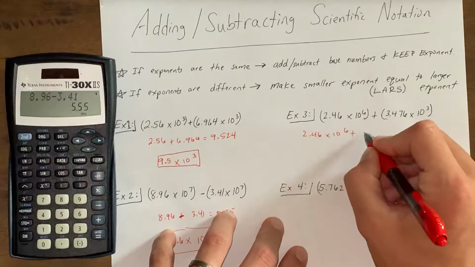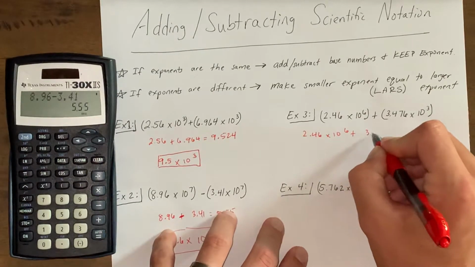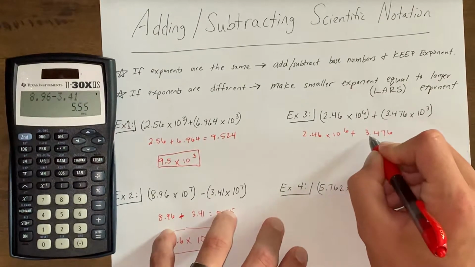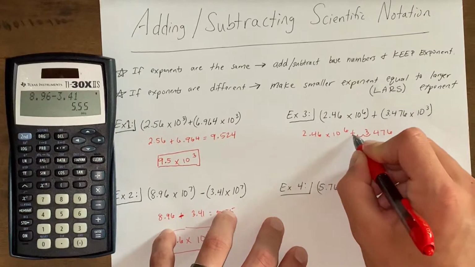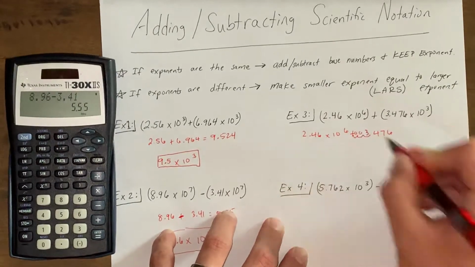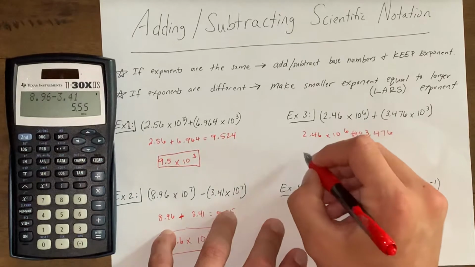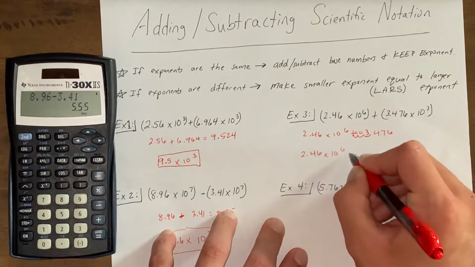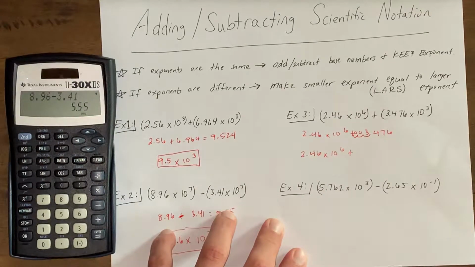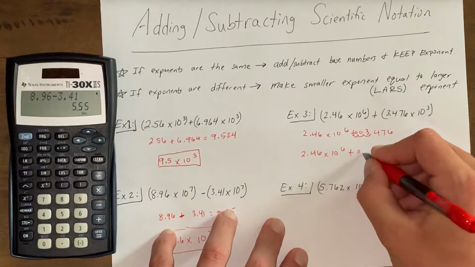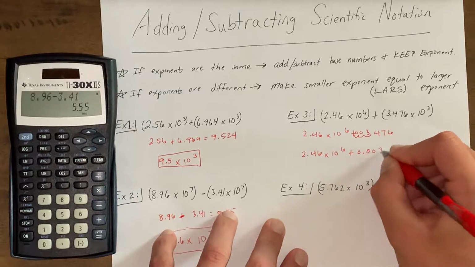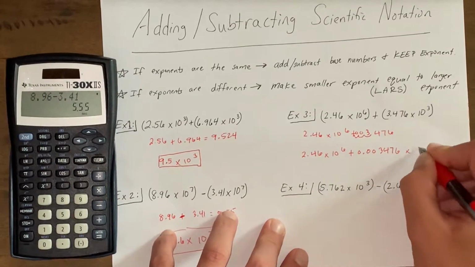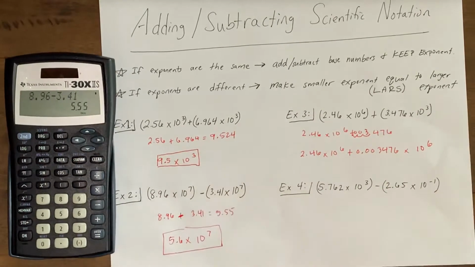So if I put this number right here, 3.476, I go 1, 2, 3, and in here I put my zeros. Now I can rewrite this as 2.46 times 10 to the 6th plus 0.003476 times 10 to the 6th.